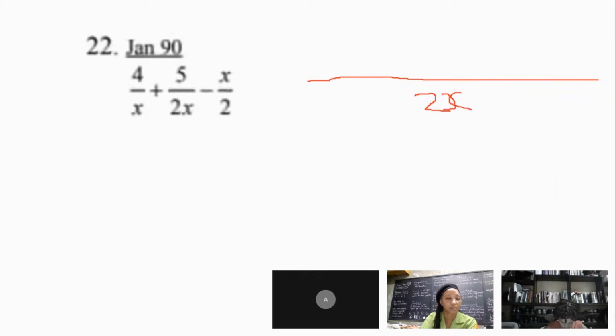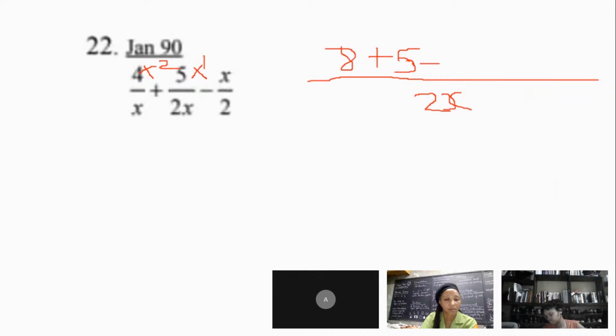So, x into 2x goes 2 times, the 4 times 2 is 8. Plus, 2x into 2x goes 1 time, so 5 times 1, which is 5.